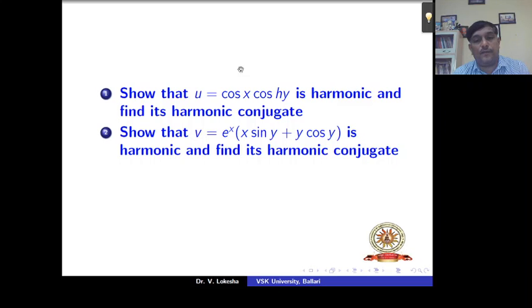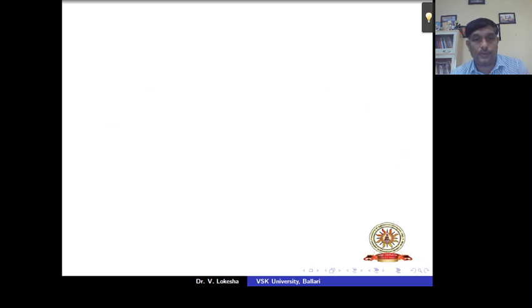Here first you can verify the Laplace equation. Then you can apply the harmonic conjugate procedure, and you get the harmonic conjugate of u. Similarly here v is given, and you get the harmonic conjugate u.